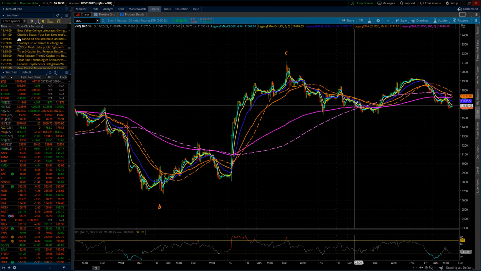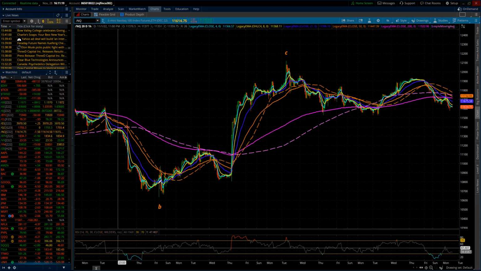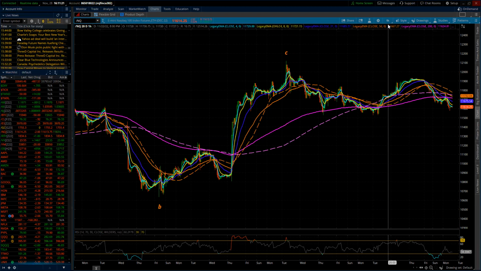Right now, what I am saying as well is that in a corrective move, it corrects ABC. We're looking for the trend to pick up again and give us a 1, 2, 3, 4, 5 down on an intermediate degree. That's what I'm looking for. It's going to be big. These are minor.